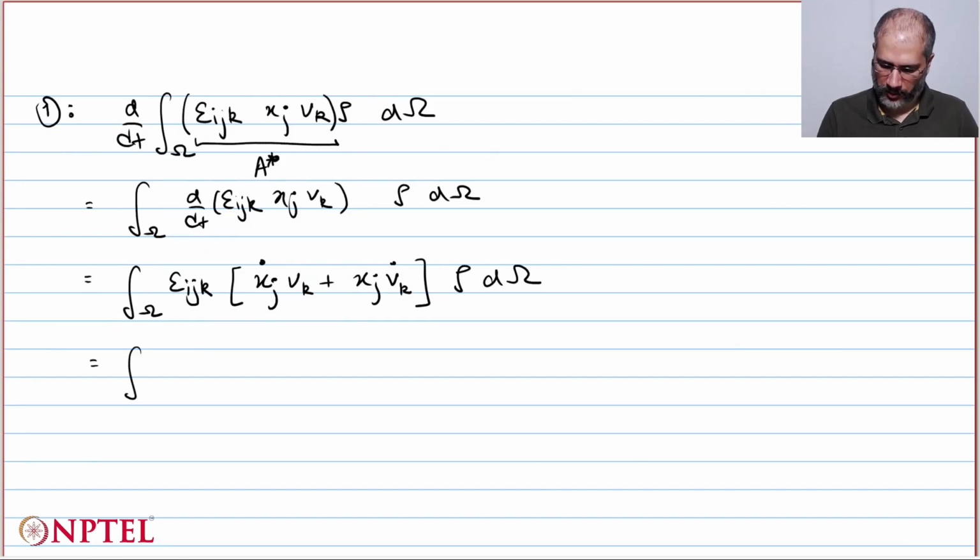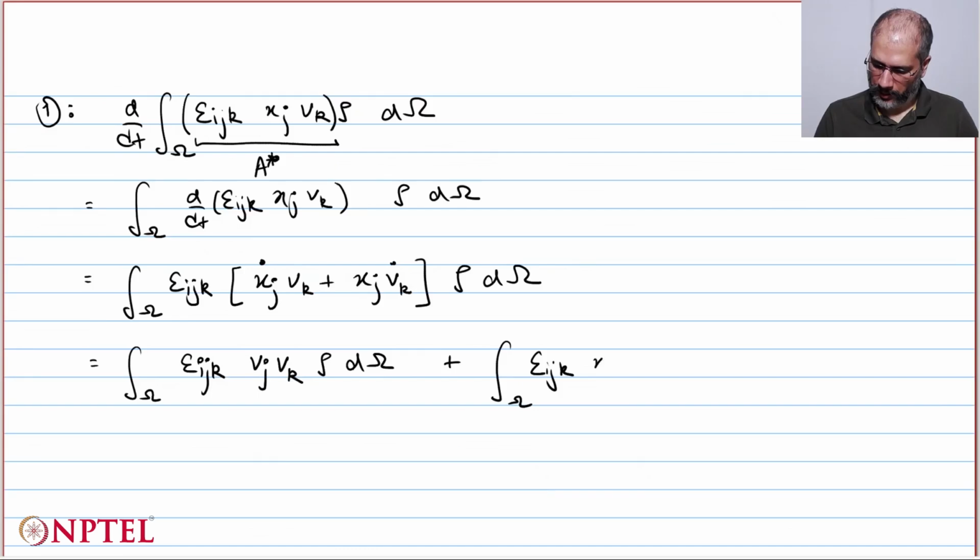So we can expand this as epsilon ijk, and this xj dot is basically vj, vk times rho d omega, plus epsilon ijk xj vk dot rho d omega. Now if you look at this term on the left, this vj vk is a symmetric second order tensor, and this epsilon ijk is a skew symmetric tensor.